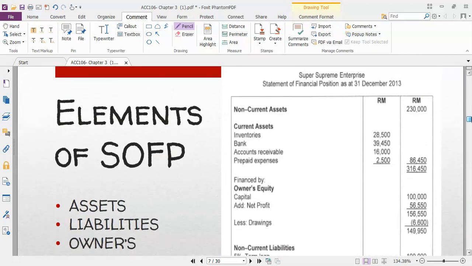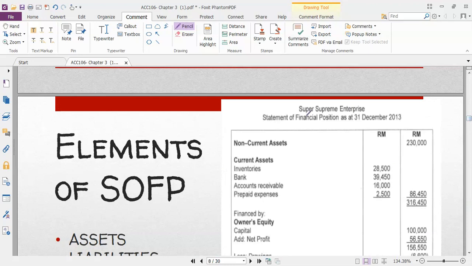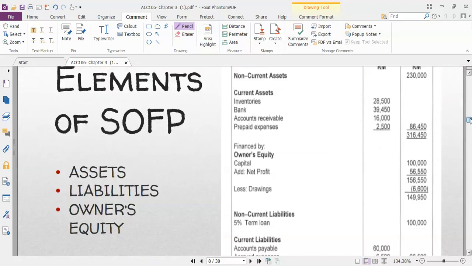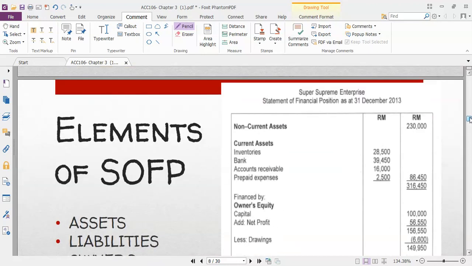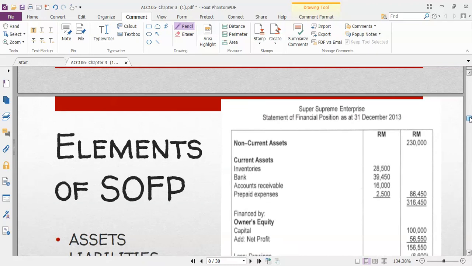Okay. So ini contoh format. Okay, can you see clearly the format for SOFP? Is that clear? Alright, very good. Okay, so the first step you must write down the title of the format.